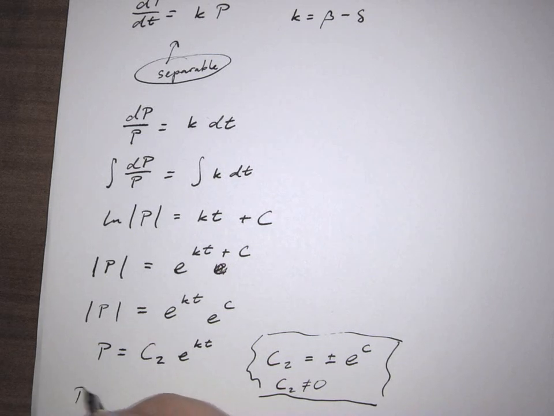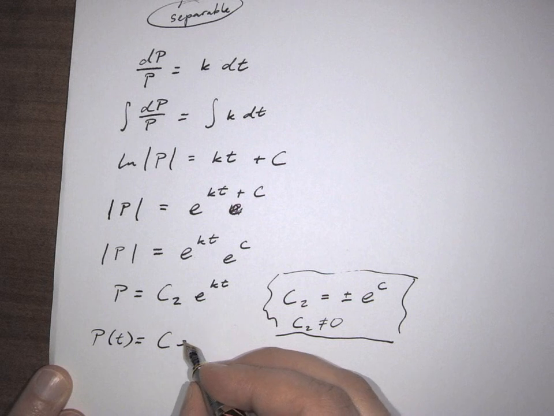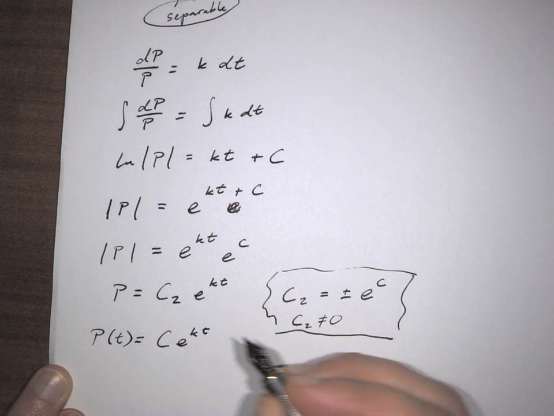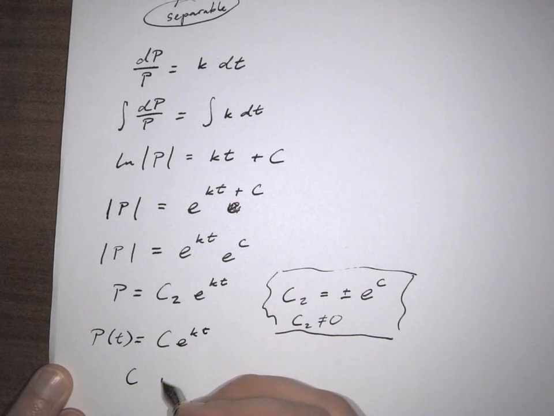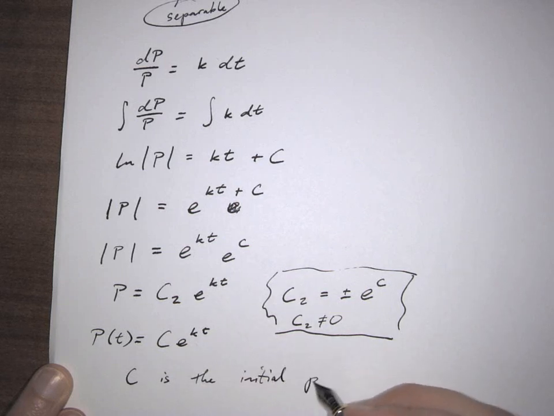And then that gives us, all in all, the population as a function of time of just C e to the kt, where C is the initial population.